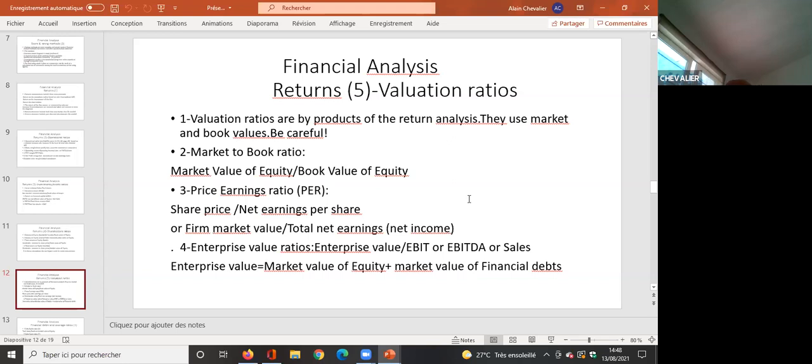The non-stability is explained by the situation of the firm and its performance, but also by outside elements like the level of interest rate and the level of growth of the economy as a whole.